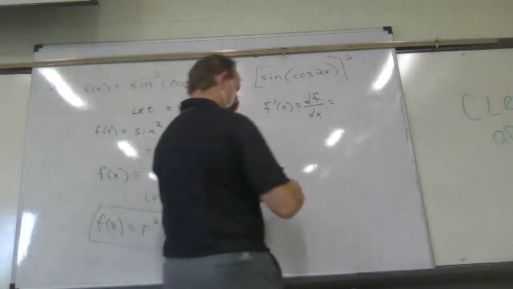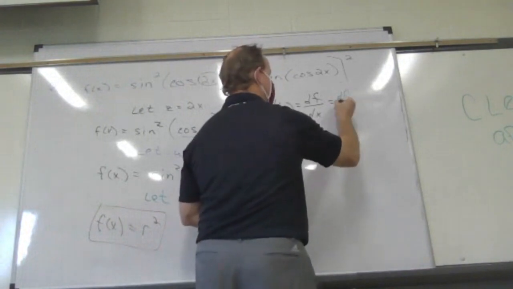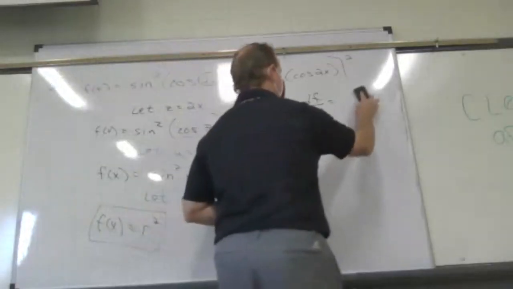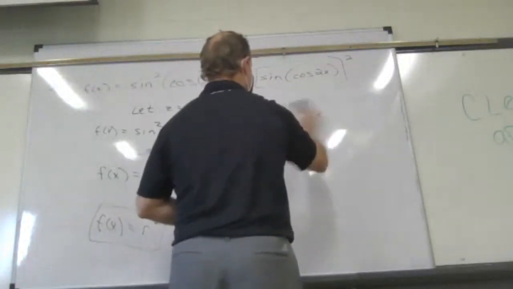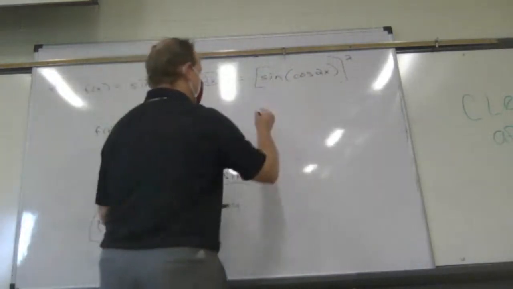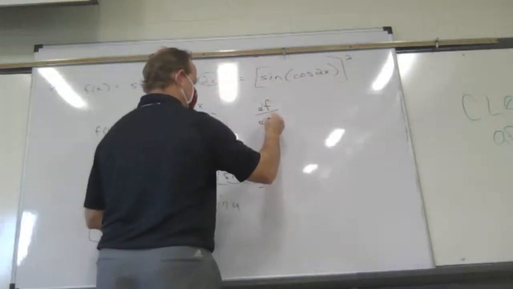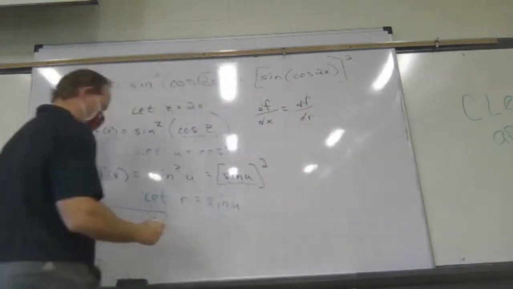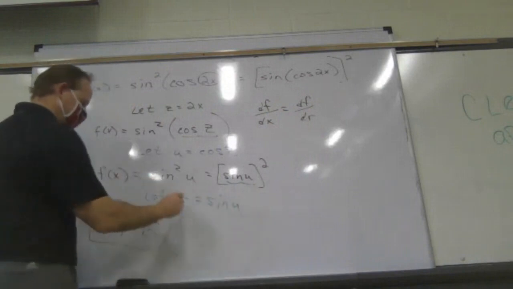So I could say this is df dr times, and then what's r in terms of? u. So df dx, which is what I'm trying to get, is, well, I can take the derivative of f with respect to r, but then r is in terms of u. So I can take it times dr du, right?